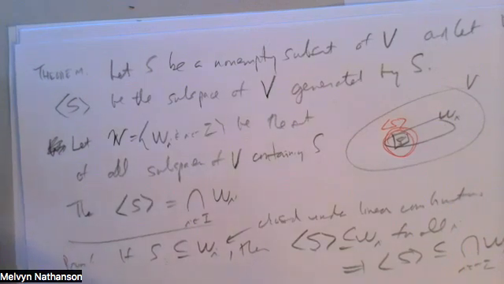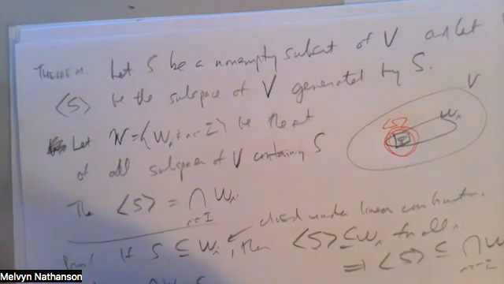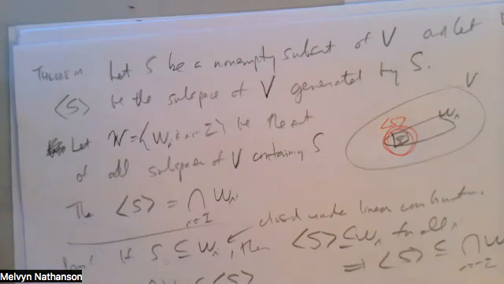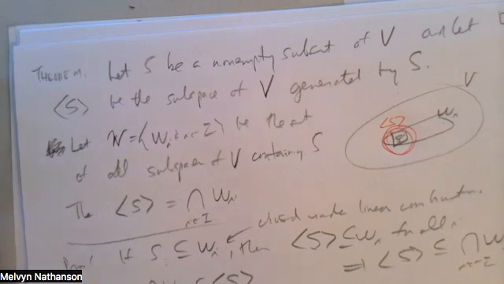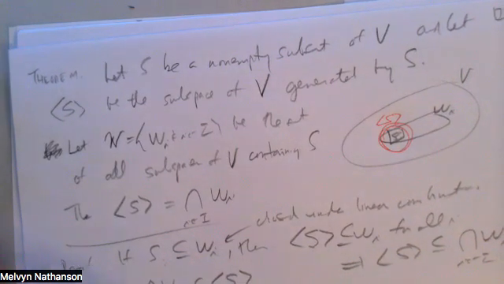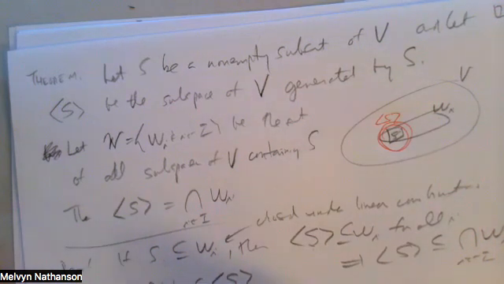You have to prove the second half. We must show that the intersection of the Wi's is contained in S brackets. But S brackets is a subspace.